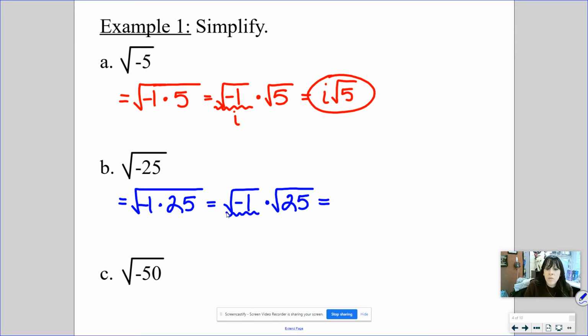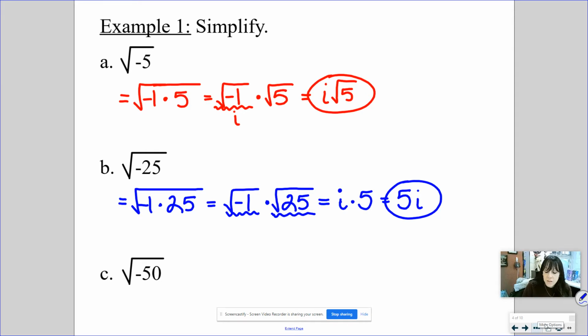So I know that the first radical with -1 inside is i. That's the definition of an imaginary number. And this time I can actually simplify the square root of 25. That is just 5. Now, for me, I don't like the way i5 looks, so I would probably flip it and put 5i as the final answer for that.